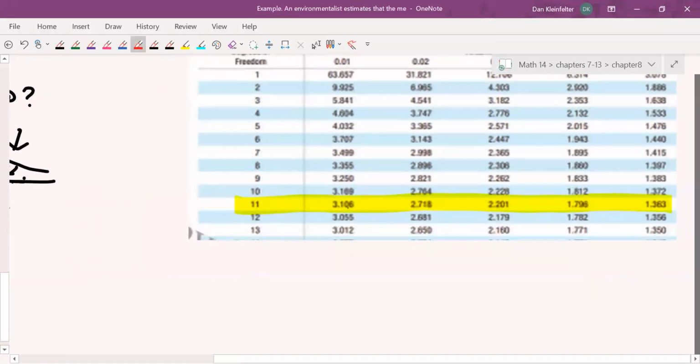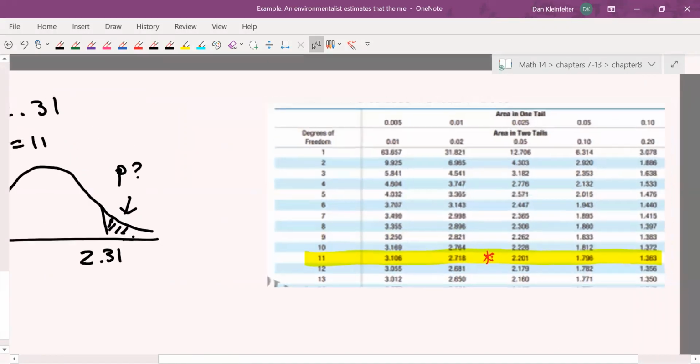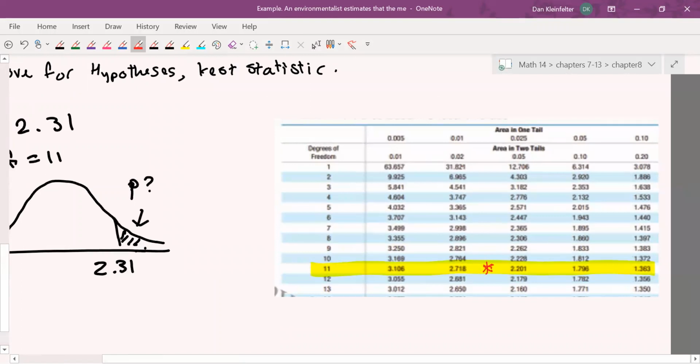So it's smaller than 3.1, smaller than 2.7, but bigger than 2.2. So if we had a nice custom-made t-table with another column in here, we would think 2.31 should be in there when the degrees of freedom is 11. So let's see what one tail area that corresponds to. Well, that's between the 0.01 and 0.025 column.